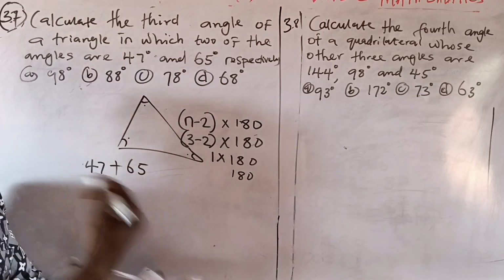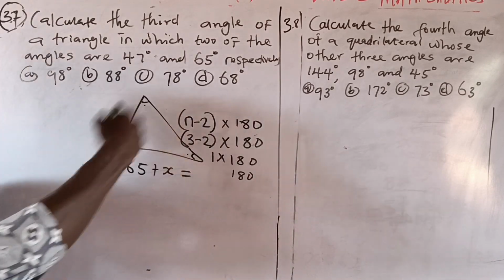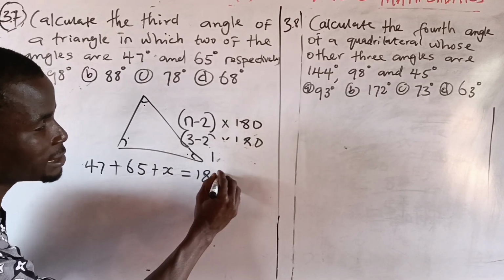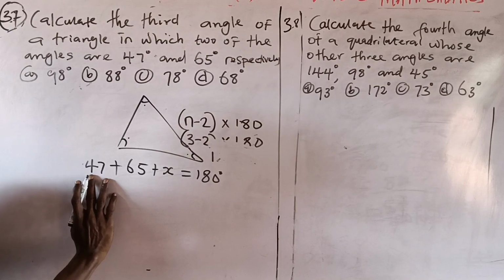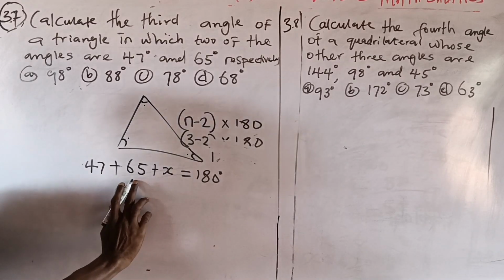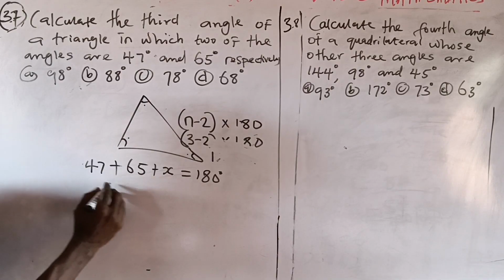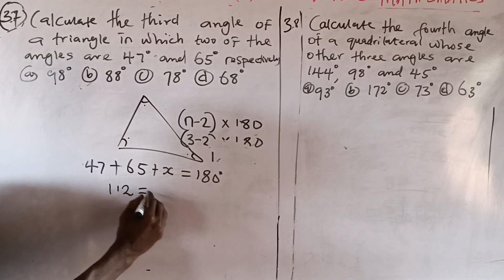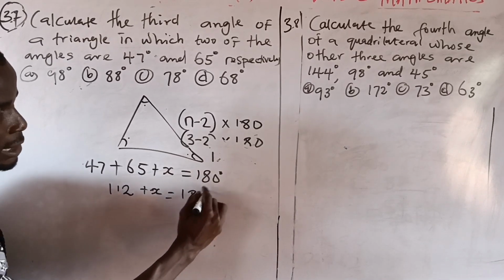The third angle was not given, so you say plus s equals the sum of the triangle, which is 180 degrees. So what do you do now? Add them together, 47 plus 65. You will have 112 plus s equals 180 degrees.